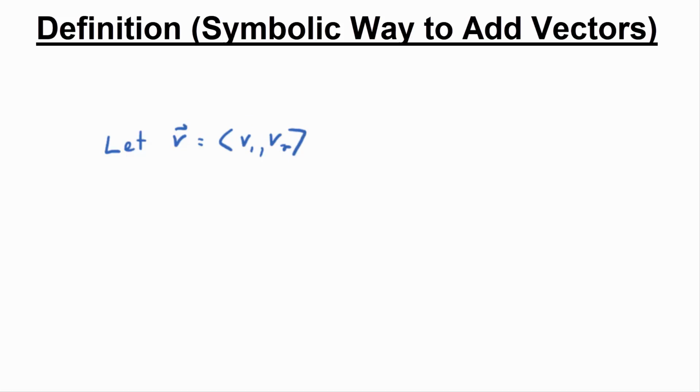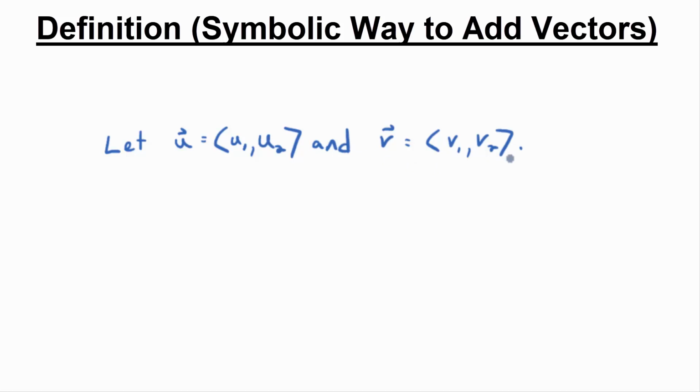And I'll actually state u first because I like alphabetical order, I suppose. And I'm going to let u have the components u1, a subscript 1, and u2. So it's just a way to generically, symbolically define u and v.